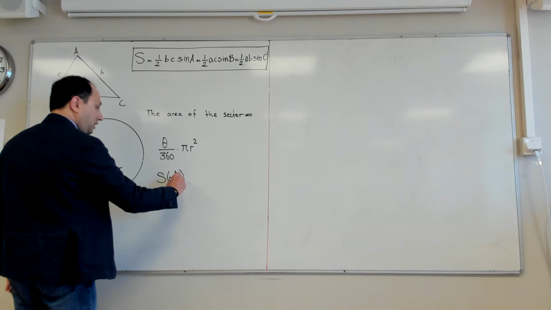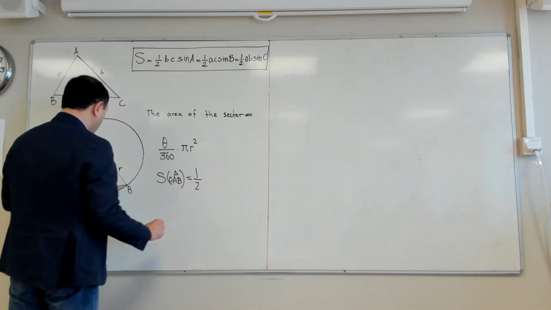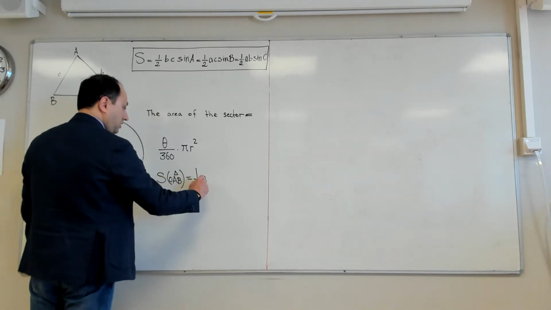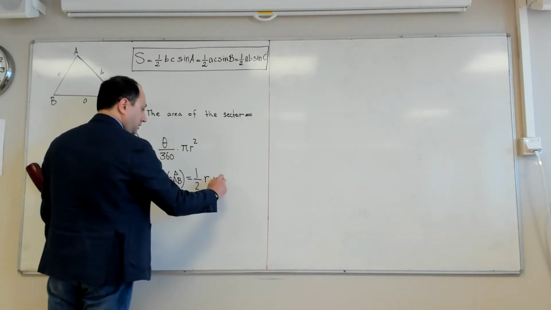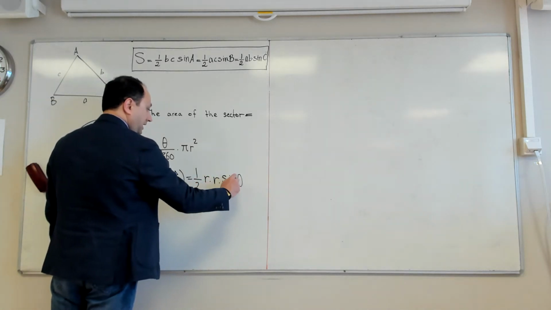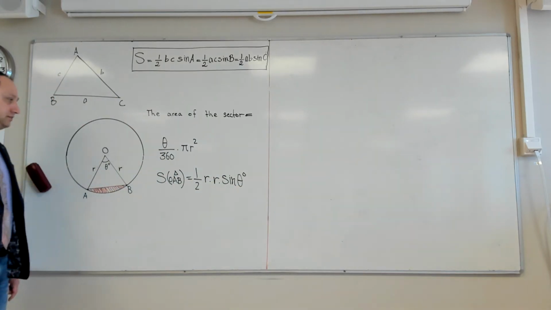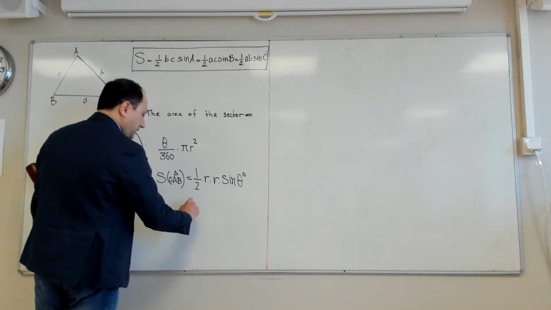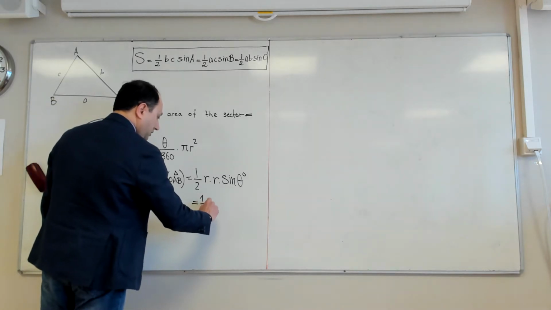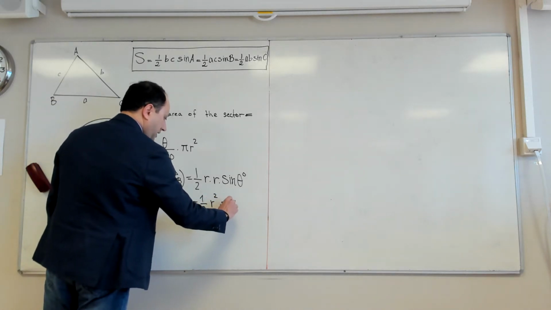So it becomes 1 over 2. This side OA, which is R, multiplied by this side OB, which is also R, multiplied by the sine of the angle between them. So R times R is R squared. So this becomes 1 over 2 R squared sine of theta degrees.